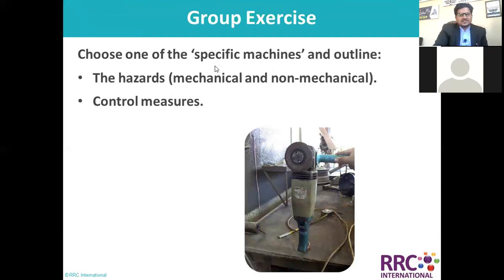Now I'm leaving this exercise for all of you. Choose one of the specific machines and outline the hazards, mechanical and non-mechanical, and control measures. Now, have you done any risk assessment of any of your machines, which you can share with some examples, like mechanical and non-mechanical hazards related to that machine?